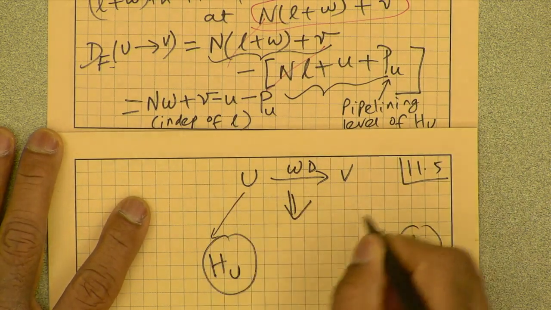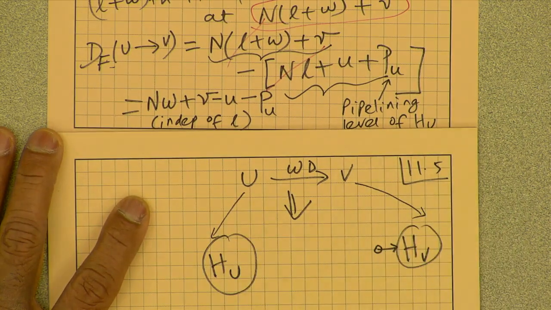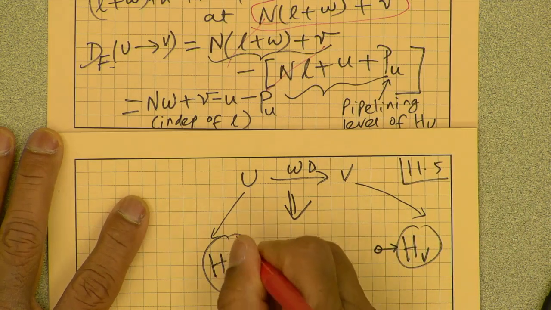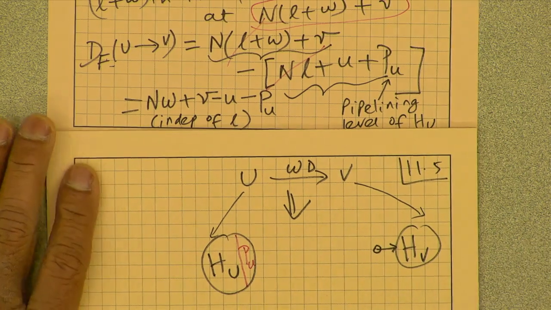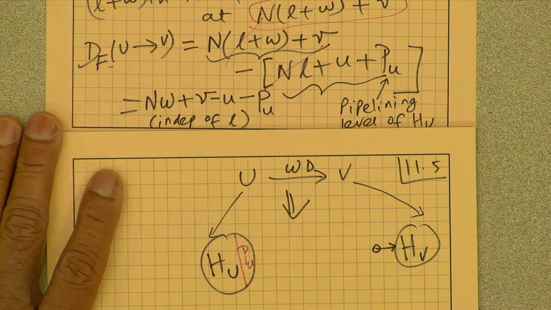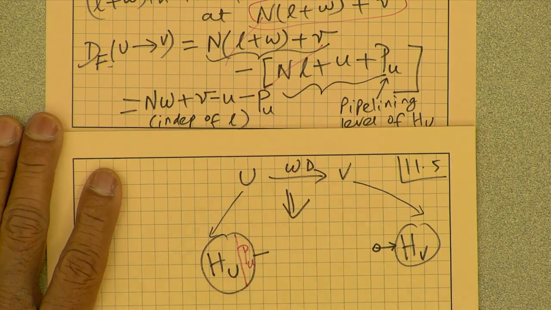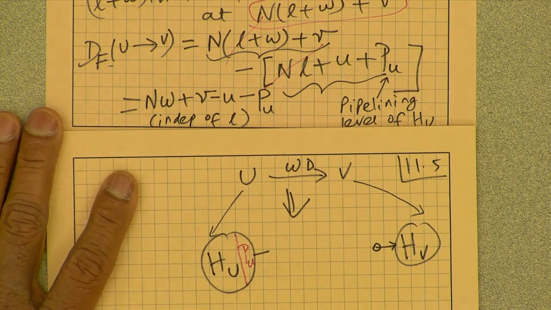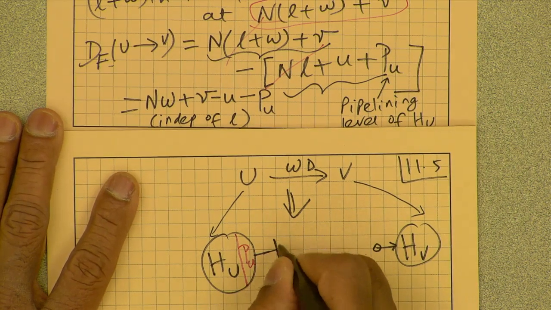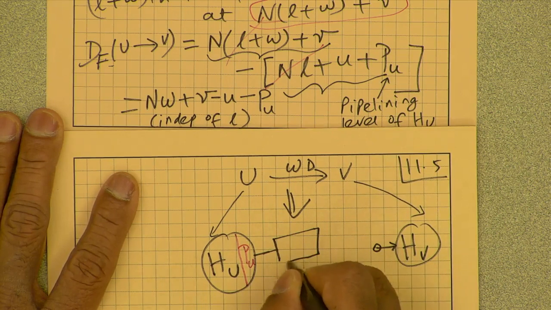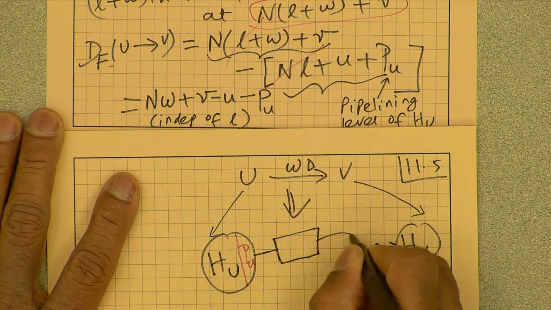U is executed by HU, V is executed by HV, and I am going to mark this as PU to say that this is pipelined by PU stages, and that means that whenever I compute something, the result is available after PU clock cycles.